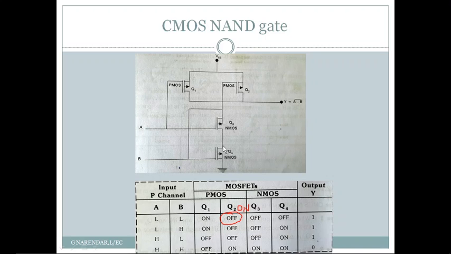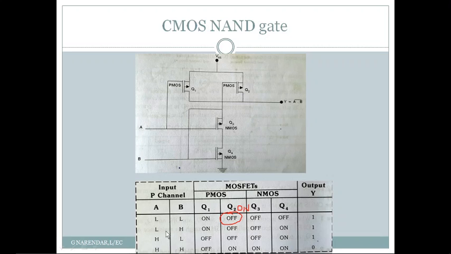So here you can see that the output is connected to the drains of the P MOSFETs. So since Q1 is on, the output is pulled high again, or it is pulled to VSS through the on resistance of Q1. So in this case also, the output Y equals 1.